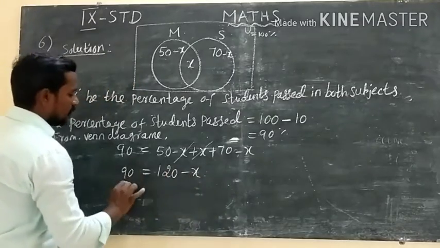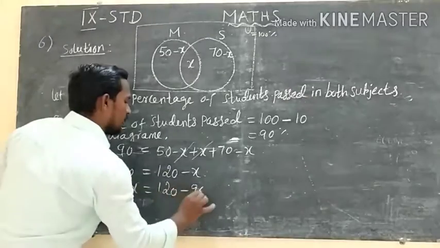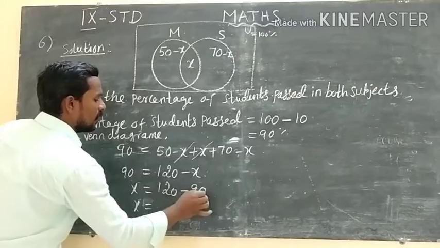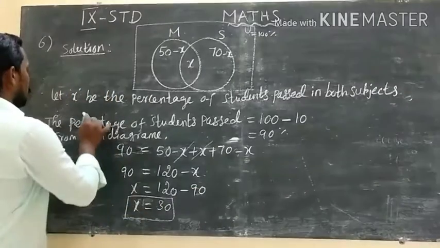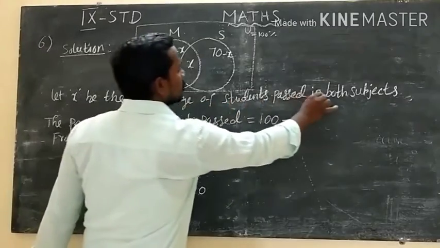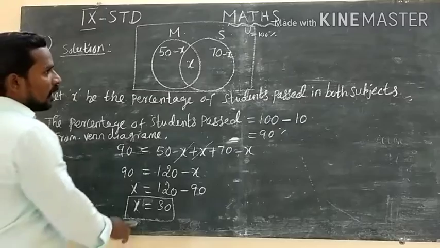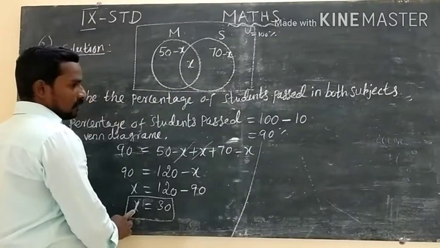Transferring x to the left side, we get plus x, and transferring 120 to the right side gives minus, so x is equal to 120 minus 90, which is 30. So what is x? The percentage of students passed in both subjects, which is 30%.